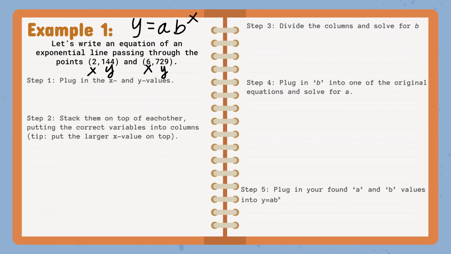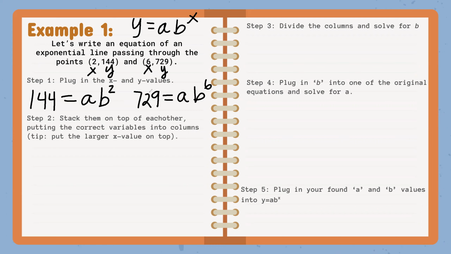For the point (2, 144), 144 is my y, ab to the x, and 2 is my x. I'm going to write my second equation using my second point. 729 is my y value, a times b to the x, which I now know is 6. So I did my first step by just plugging in those 2 points.